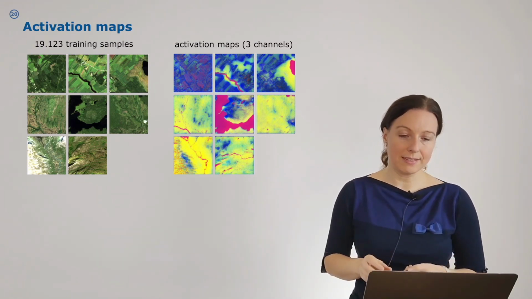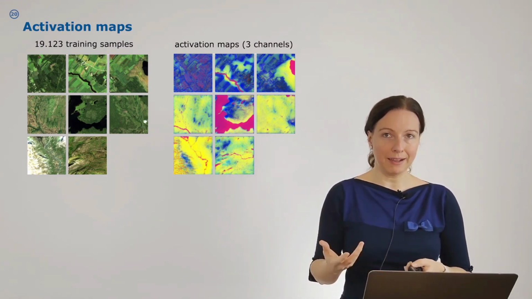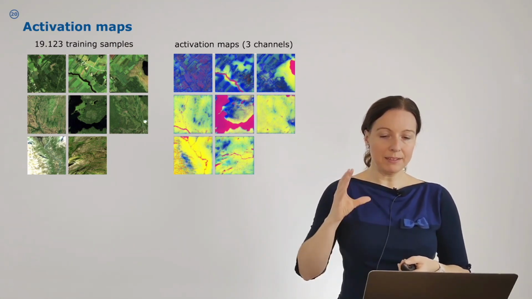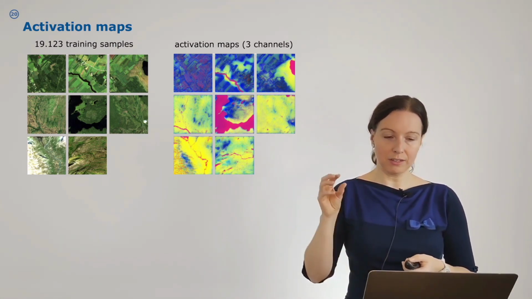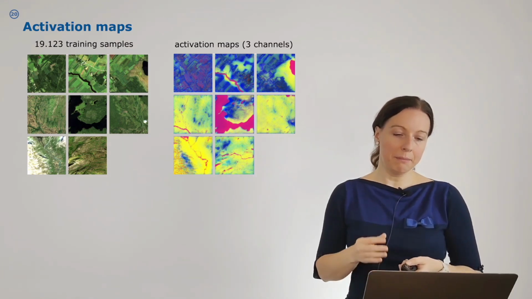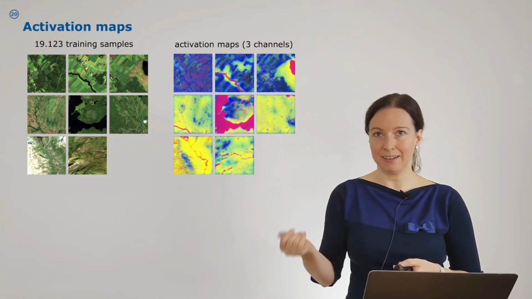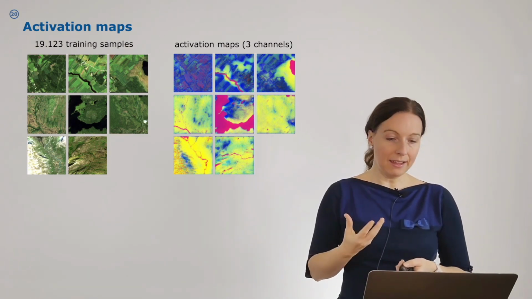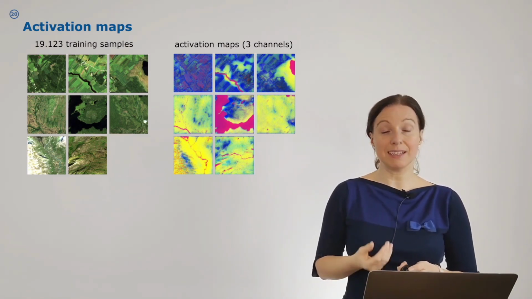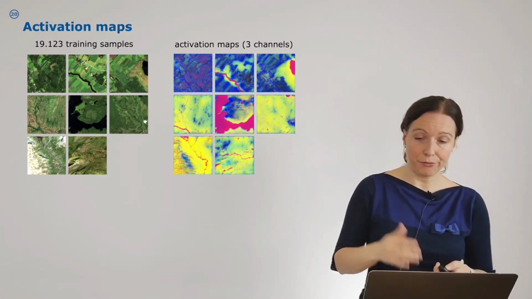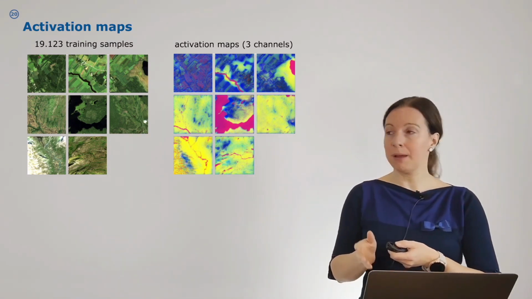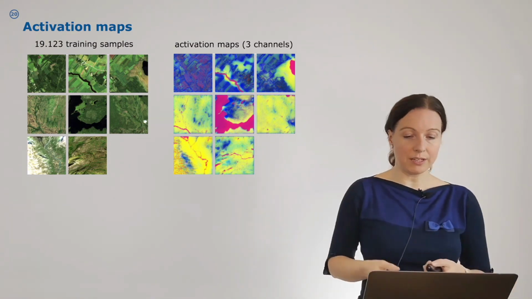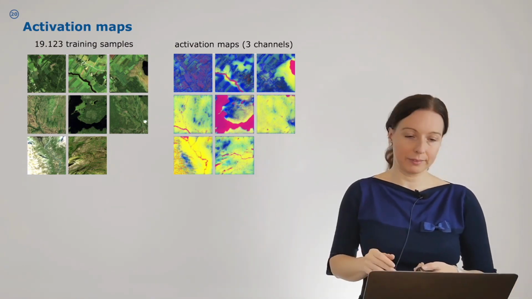We can already see that water produces pink colors, and if we think about RGB channels, that means it has high values in the first and the third activation map, but low values in the second activation map. We see that land has more yellow colors, which means it has high activations in the first and the second activation maps, and we can see here that anthropogenic areas are more blue.